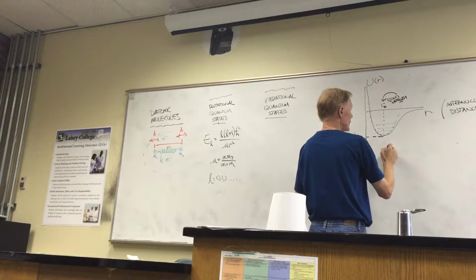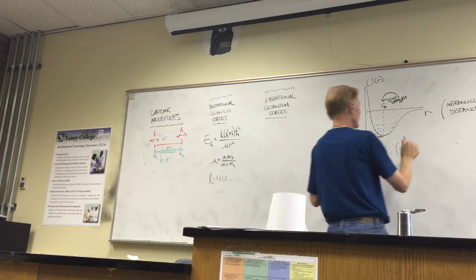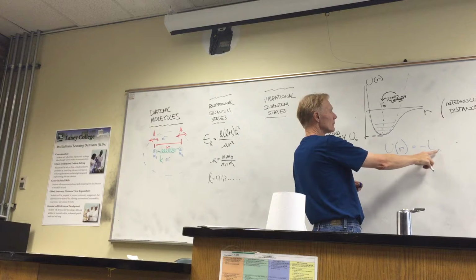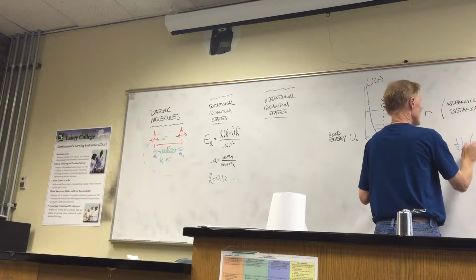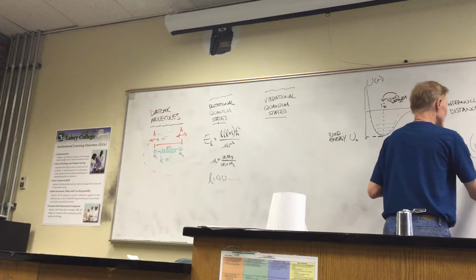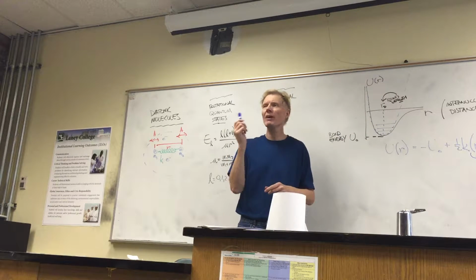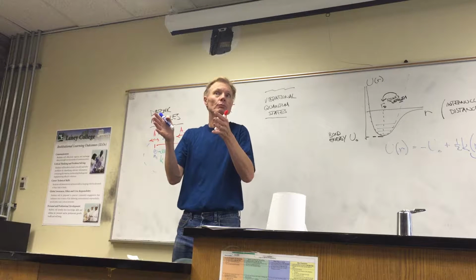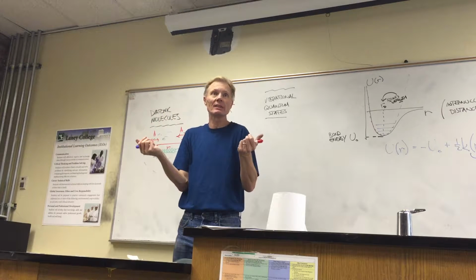And the energies that we get here, energy as a function of R is equal to minus the bond energy plus 1/2 K (R minus R naught) squared, and I can think of that as X. So back when we defined springs, we said there's kind of a natural length of the spring, right? If it stretches out, then the X begins to increase.